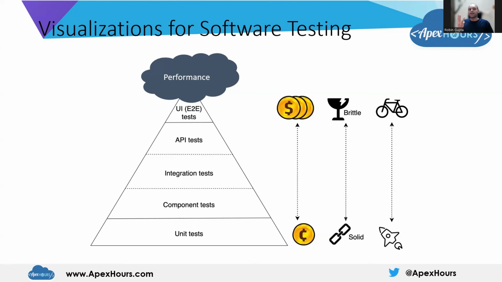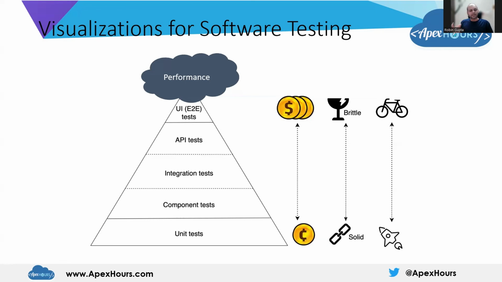And there are three measures or three criteria which help us move across the pyramid. So the first one is cost. Unit tests are very cheap, but as we go up, the tests become costlier in terms of time, investment, and obviously dollars. The second is the solidness of these tests.